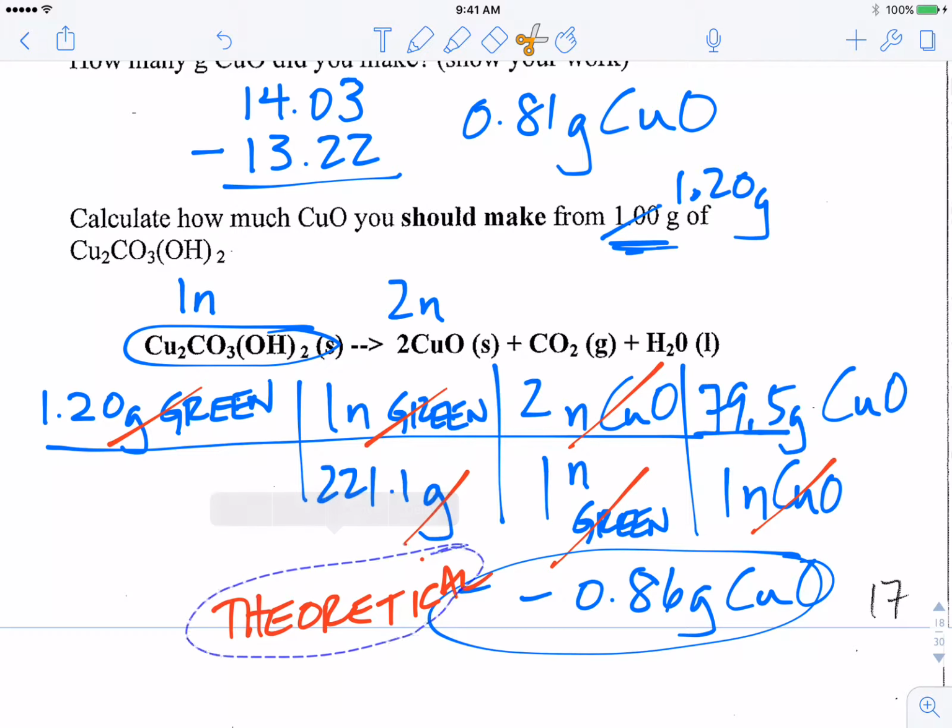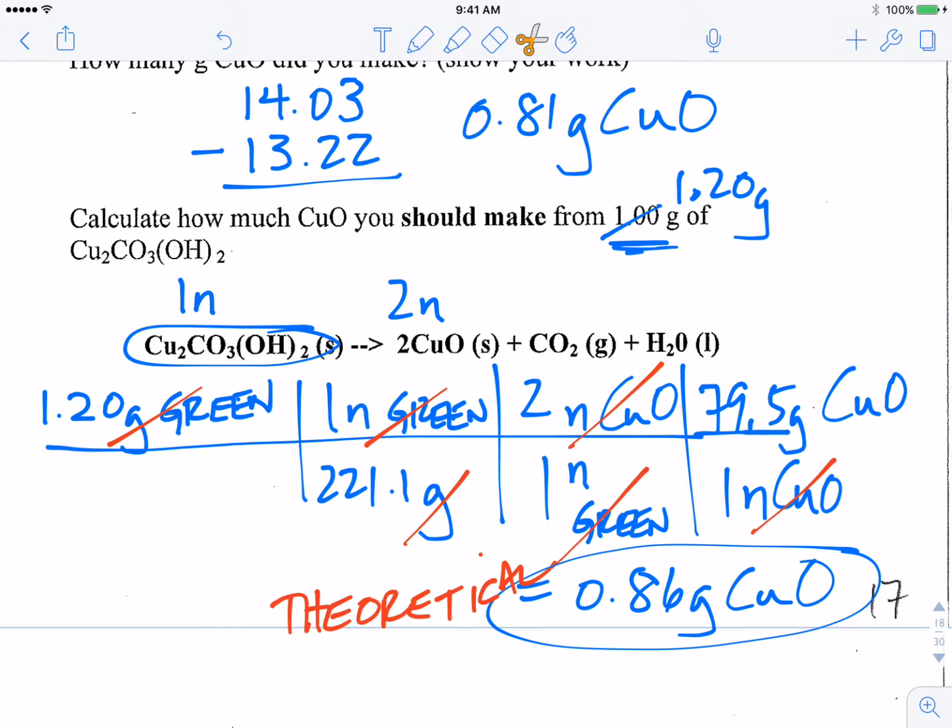Nope. Anyway, that's our theoretical amount of copper oxide. Our experimental amount is up here at 0.81. So as a chemist, one thing that we could do, and which we'll do in another lab, is compare our experimental amount to our theoretical amount. But our theoretical amount always lets us know what we should have gotten in the lab, and it's always a good idea to compare what you should have gotten to what you did get. Okay, thanks for watching.